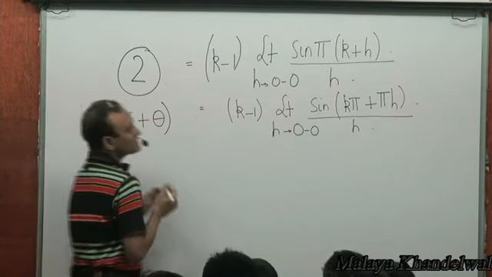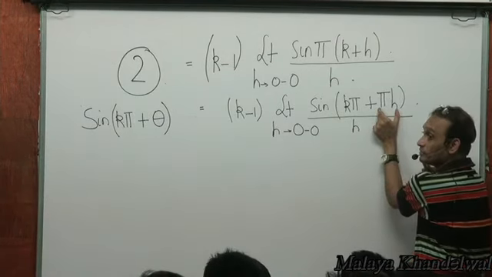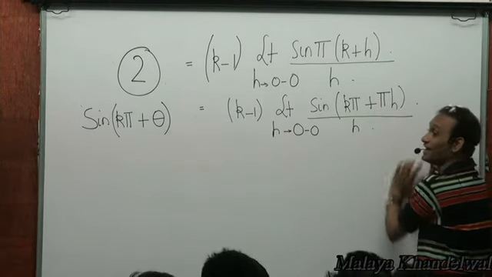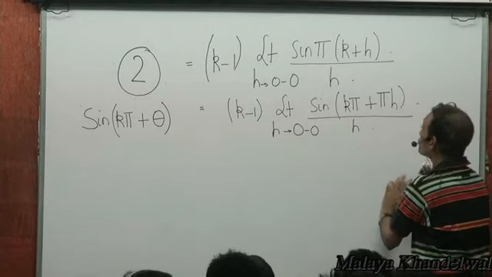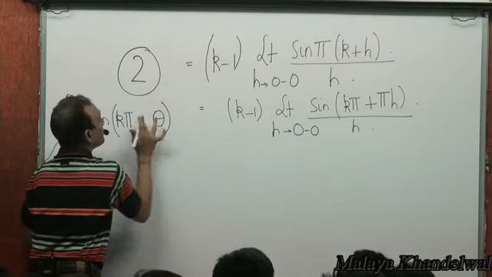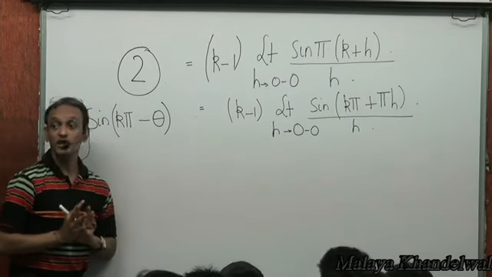Now, in this case, this is sine of k pi plus theta, where theta is a negative number. See, because h tends to 0 from the less than 0 side, so theta is a negative number. Yes or no? So this actually is of the form k pi minus theta kind of a thing, where theta is positive. Yes or no?